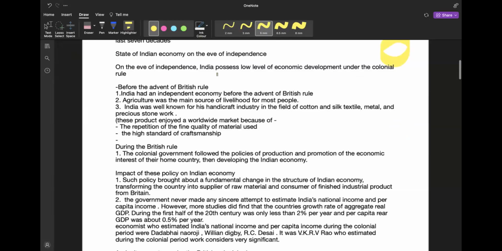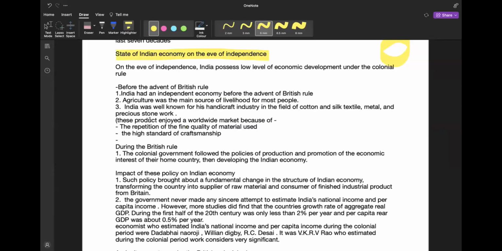On the eve of independence, India possessed a low level of development under the colonial rule. Before the advent of British rule, and this is very important, India had an independent economy. Nobody was controlling India before the advent of British rule. Agriculture was the main source of livelihood, so people were getting money and everything from agriculture. India was well known for its handicraft industry in the field of cotton and silk textile, metals, and precious stonework.